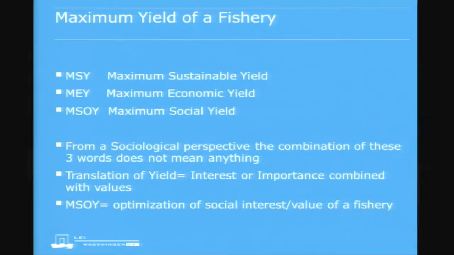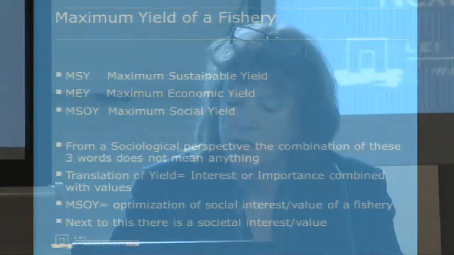Then the maximum social yield is the optimization of social interests and values of a fishery. But next to this, there's also a societal interest combined with values of a fishery. So I make a distinction between social and societal interests and values of a fishery.